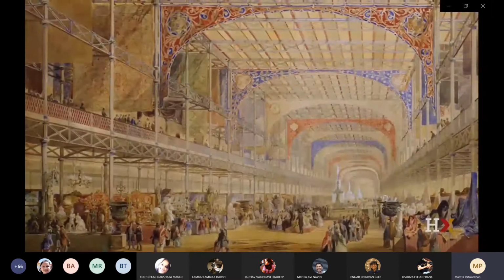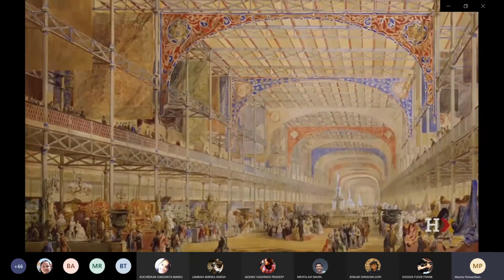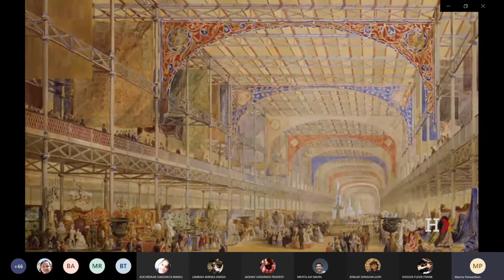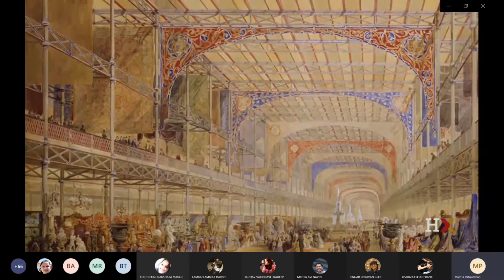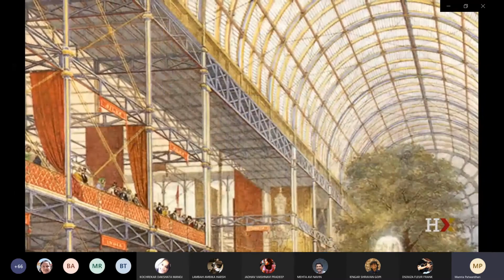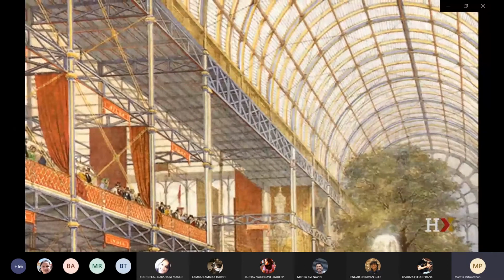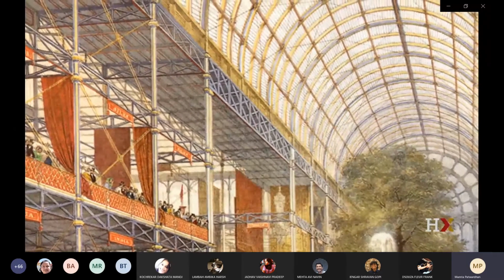It was the work of artist Owen Jones, who was asked by Paxton and the organizer of the exhibition to actually propose a solution to paint the Crystal Palace. And here we have one of the drawings submitted by Owen Jones in order to explain his ideas. What Owen Jones proposed was actually a mix of three fundamental colors: red, blue, and yellow.